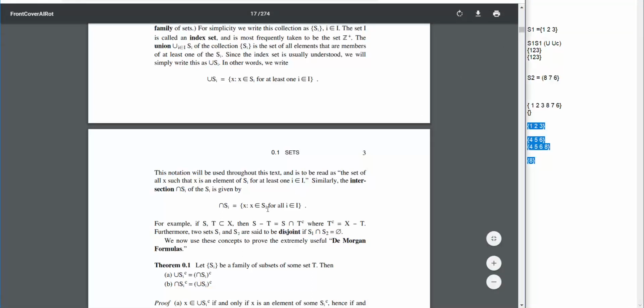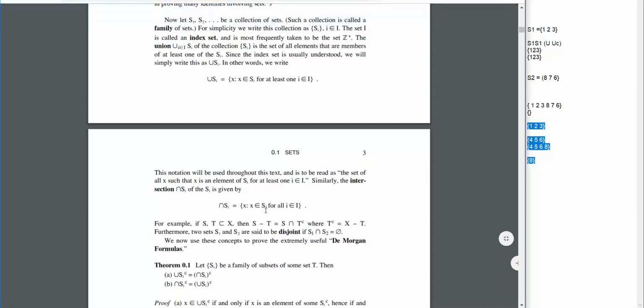Now, for the intersection, it's saying x belongs to S_i for all i belonging to the positive integers, for all i.